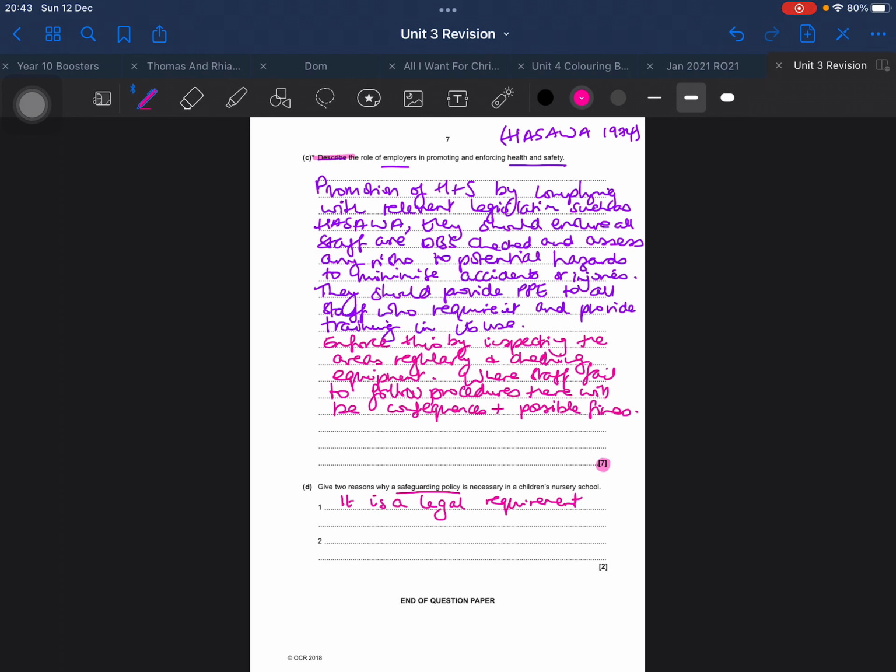Why else do we do that? Well, it's to protect children that may be vulnerable to abuse and harm, and all children are vulnerable. So to protect children from abuse and harm, and therefore maintaining their rights. 2 marks.